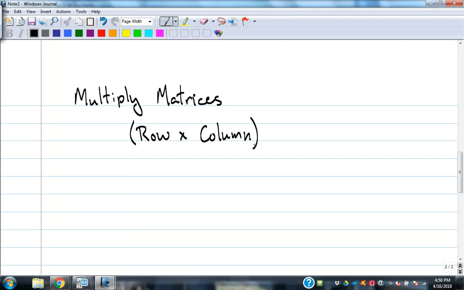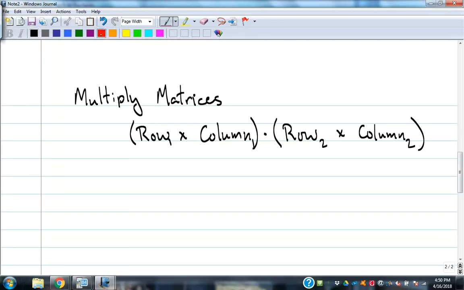So when you name the size of a matrix, it's row by column. How many rows is it? How many columns is it? When you multiply two matrices, you've got matrix 1 and matrix 2, two different matrices.